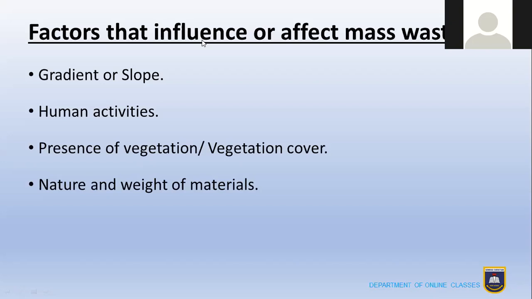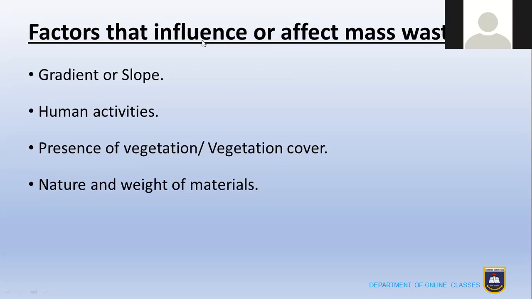Due to the weight, it is not likely to move at a faster rate compared to when the weathered material is light. So what are we simply saying here? The heavier the weight of the material, the less it is able to be transported downslope. But the lighter the weathered material, the faster it is likely to be moved downslope.